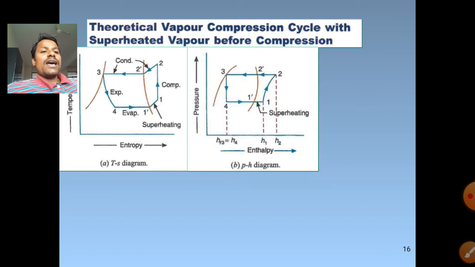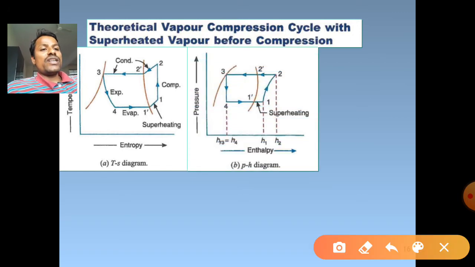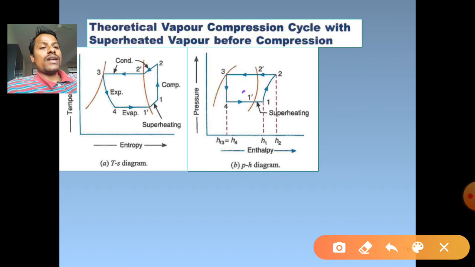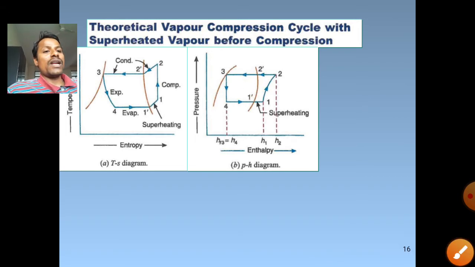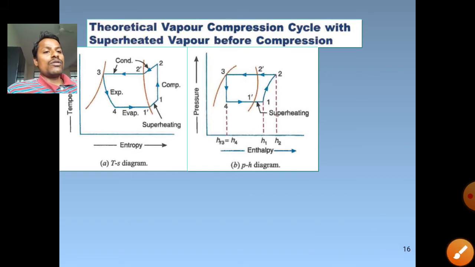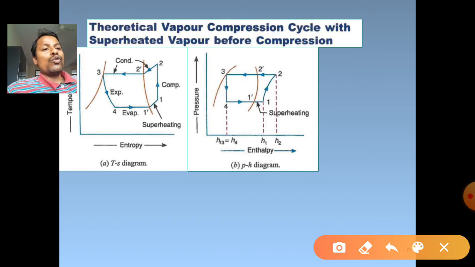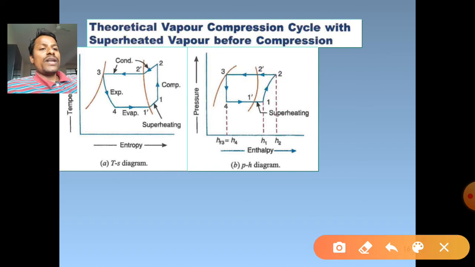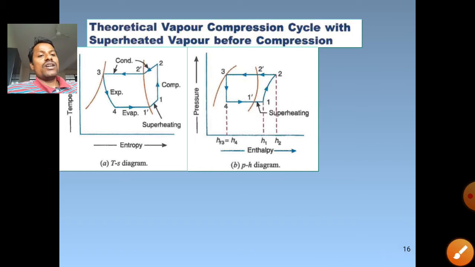Then we can represent the superheating process on the pH diagram. 1 dash is marked on the dry saturated vapor line, then 1 is in the superheated zone. So, 1 to 2 again it is superheated. This is the superheating process we can represent on the pH chart.